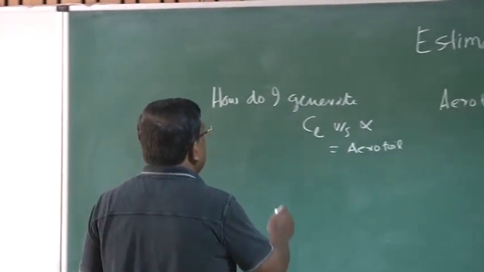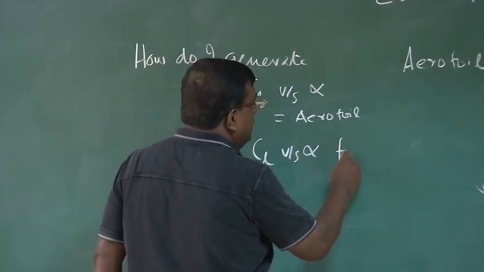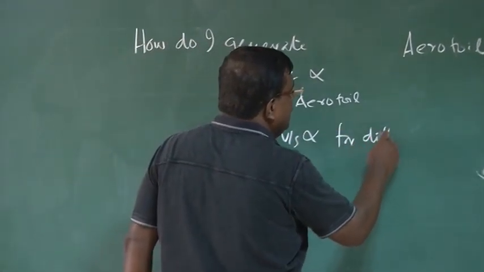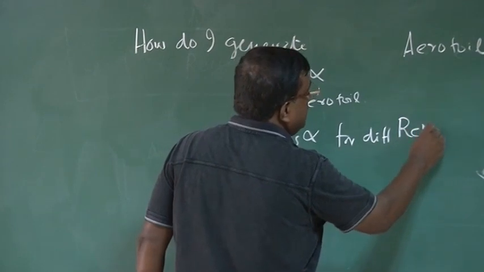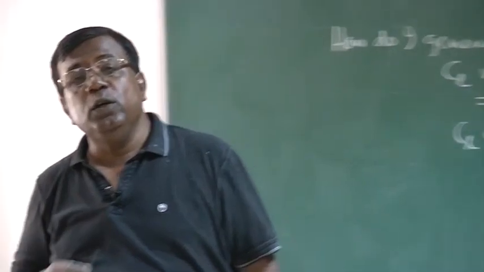No, it's not a correct question. The question is not complete. The question should be, how do I generate CL versus alpha for different Reynolds number? Right? Reynolds number is important because we know that CL depends on Reynolds number also.